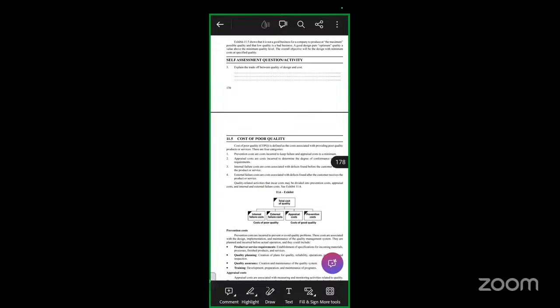That is external failure cost. Internal failure cost is when the product fails at the development end or before delivering to the customer end.